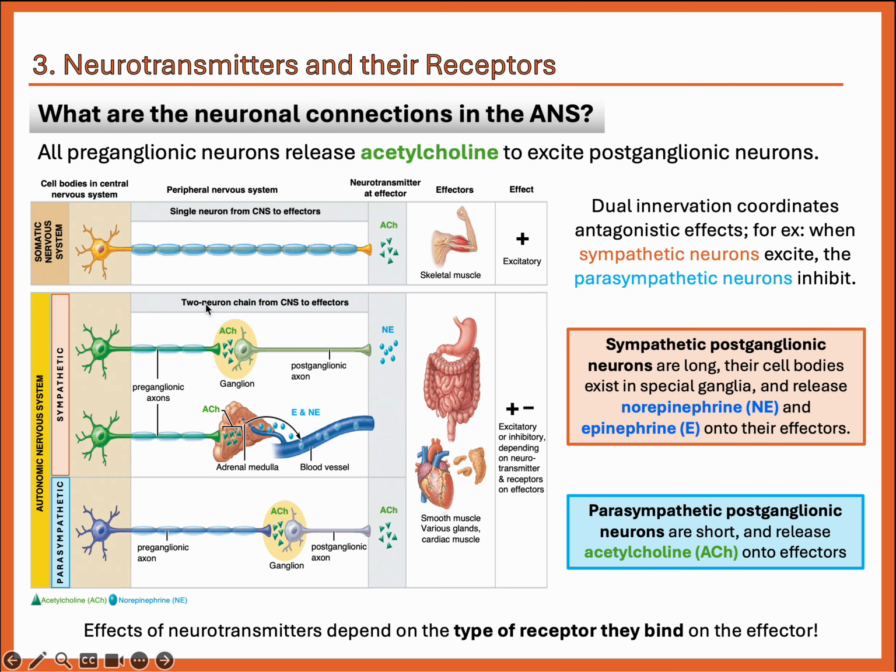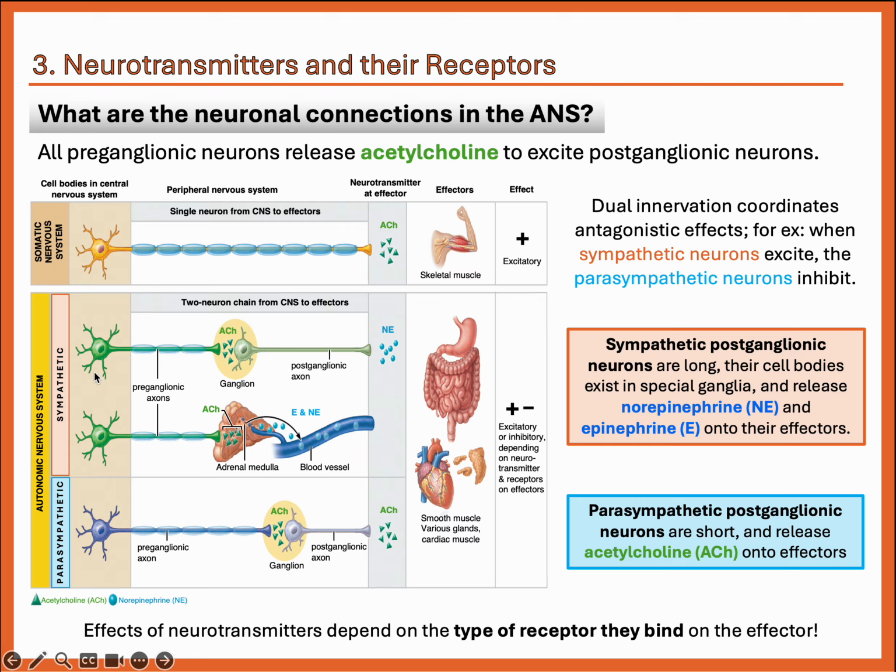There's a special case of the sympathetic nervous system, if you don't want to think of it too much now, where the preganglionic neuron releases acetylcholine, which stimulates the adrenal medulla, technically a special ganglia, to release epinephrine and norepinephrine into the blood vessels, and this gets circulated around the entire body. This will stimulate all the organs.